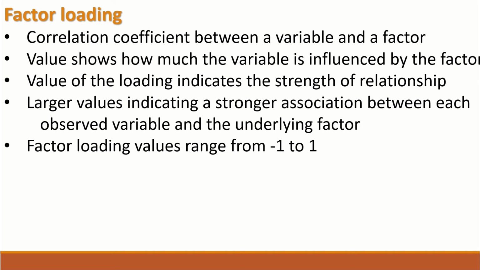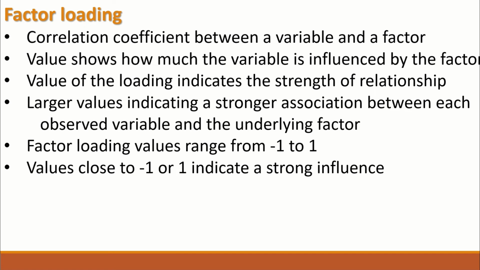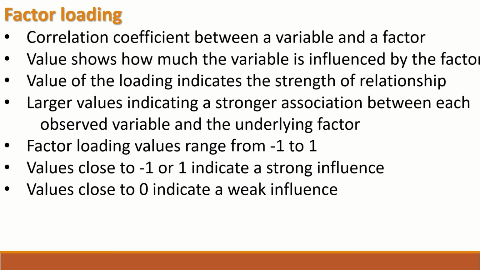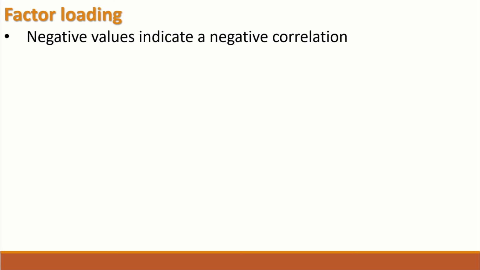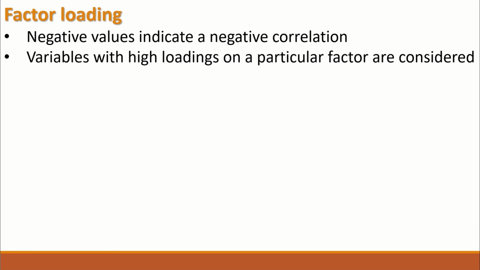So factor loading values range from -1 to 1. Values close to -1 or 1 indicate a strong correlation. Values close to 0 indicate a weak influence. Positive values indicate positive correlation between variable and a factor. Negative values indicate a negative correlation.